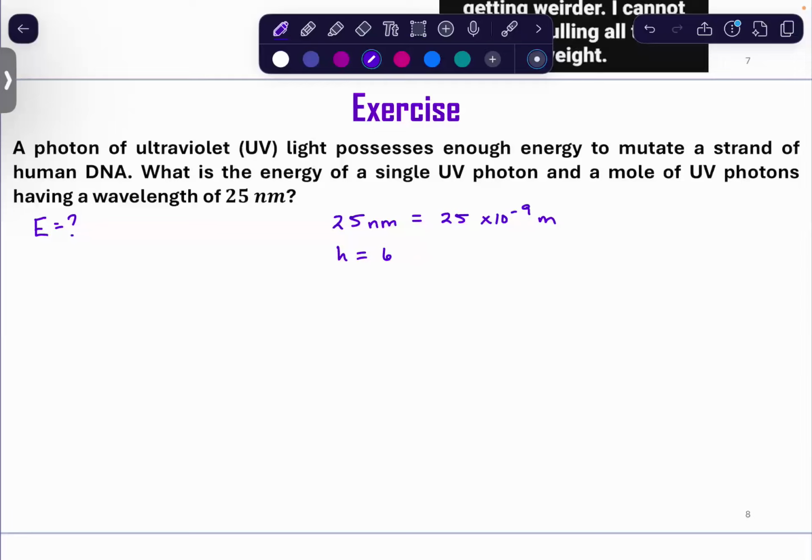Planck's constant. Remember, joule is your unit of energy. Speed of light, meters per second.